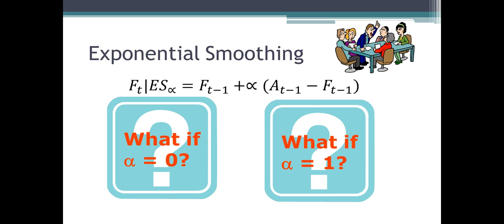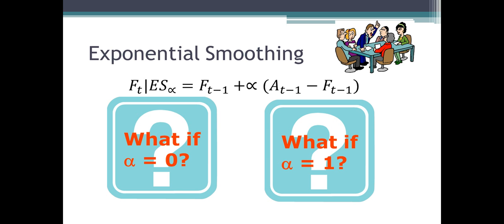Regardless of whether this week's sales were 50 or 500, I am not going to learn from this. So alpha of 0 makes you a completely smooth forecaster, but not a very responsive one, not a very good one at all in that sense.